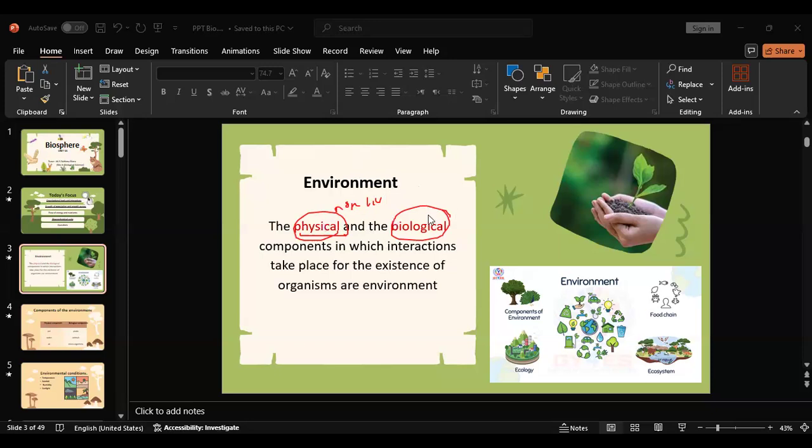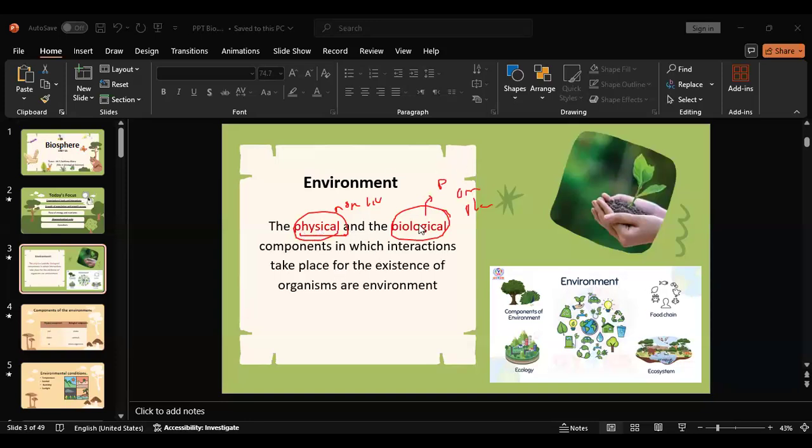Another one is the biological components. Biological component means living things, living organisms. It may be an animal, it may be a plant, or several things. So the biological components are the types of living organisms.